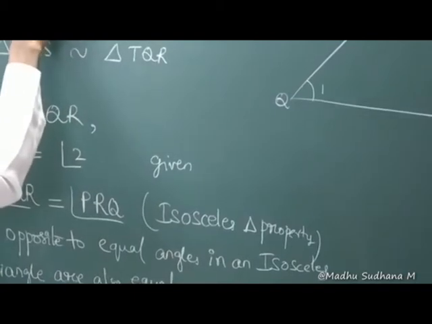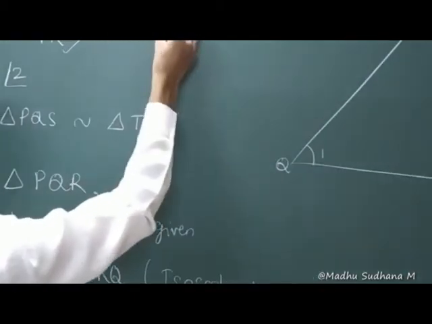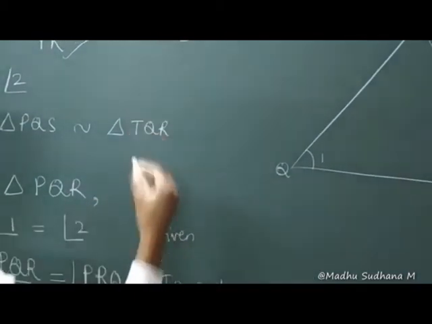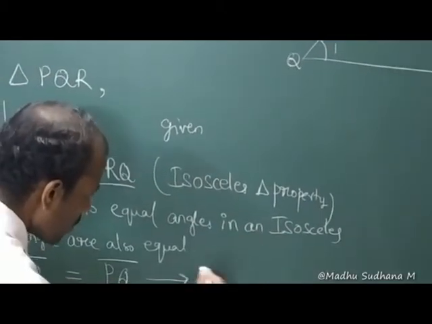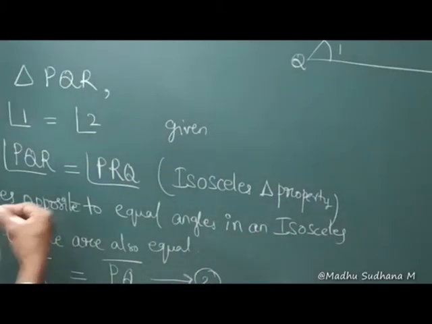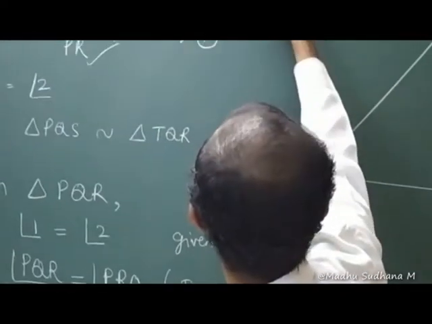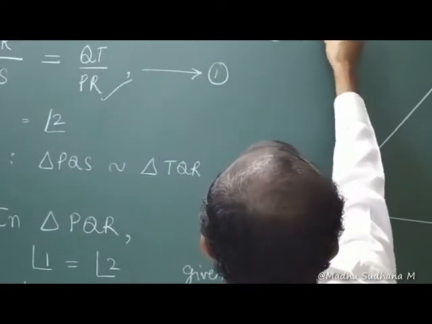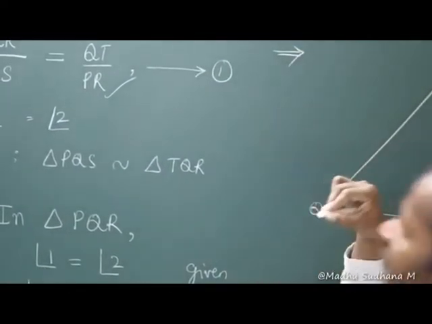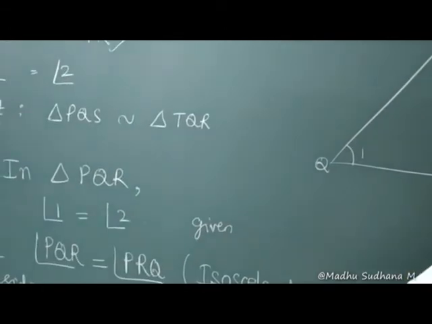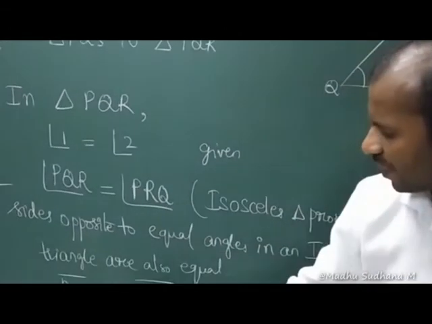We can replace this. If I call the given as equation 1 and this as equation 2, then writing equation 2 in equation 1 will imply, wherever we have PR, let me replace that by PQ.